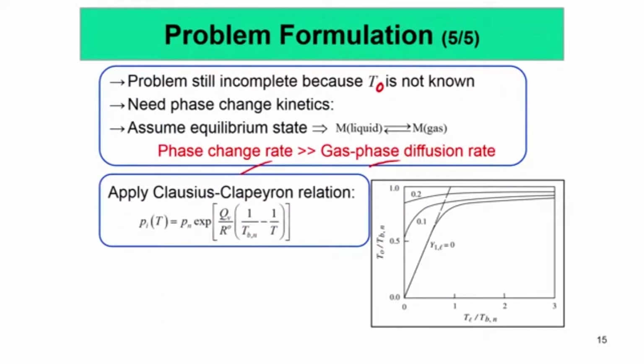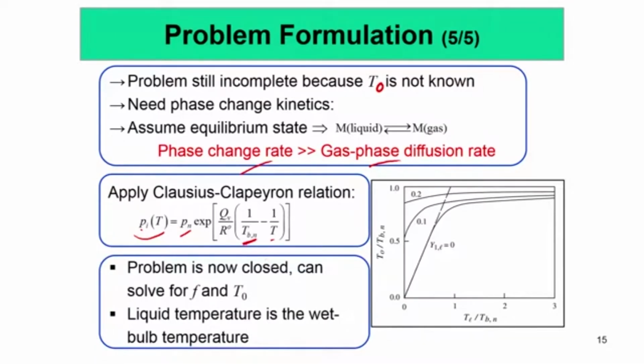Then we can apply this thermodynamic relation, which is called the Clausius-Clapeyron relation, which says that the partial pressure at temperature T is equal to the reference pressure, which can be assumed to be 1 bar, times e to the power of Q_V, the latent heat of vaporization, divided by R_0 times (1 over T_BN minus 1 over T). This T_BN is a reference temperature, and this gives the relation between partial pressure and temperature when there is a phase change. If the reference pressure is 1 bar, this becomes essentially the normal boiling point.